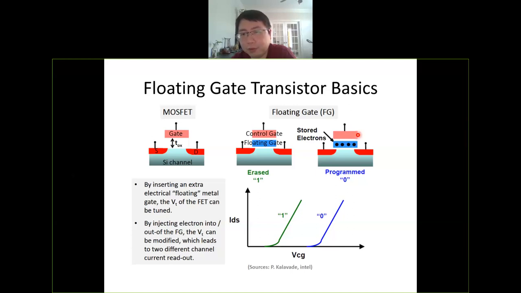You need additional positive voltage on the control gate to overcome this negative charge. That means increased threshold voltage, because you need additional voltage to overcome that negative charge. So the threshold voltage is increased.